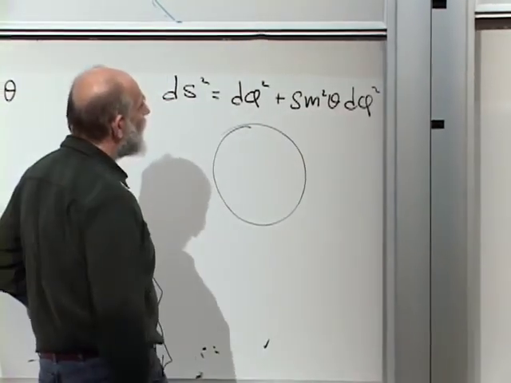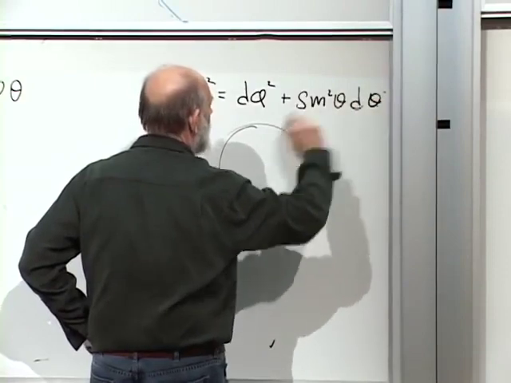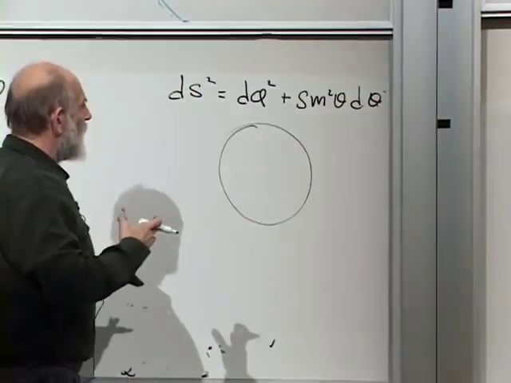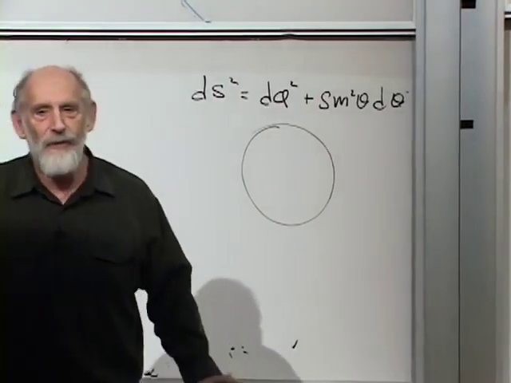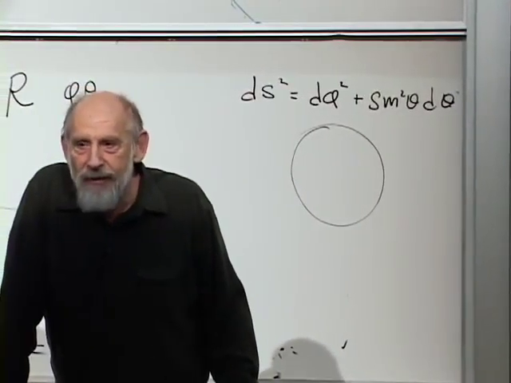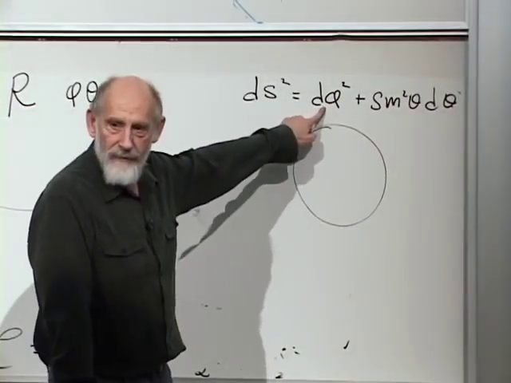What's that? D theta squared. No. Wait, I'm sorry, what's the definition of the polar angle? Is it the angle from the pole? Okay, so the angle from the pole, that's phi, right? We said that's phi. Yeah.